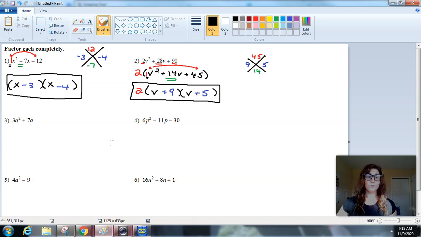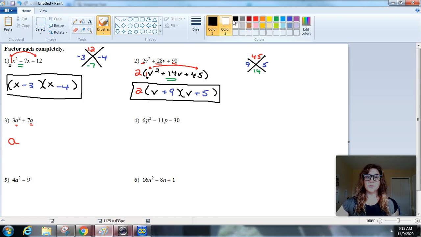Okay. For number 3, 3a squared plus 7a, only 2 terms. So really your only options are GCF or perfect squares. 3 and 7 are definitely not perfect squares, but looking at them, I do see an a in each of them. So that would be my GCF here. 3 and 7 have nothing in common other than the letter a.